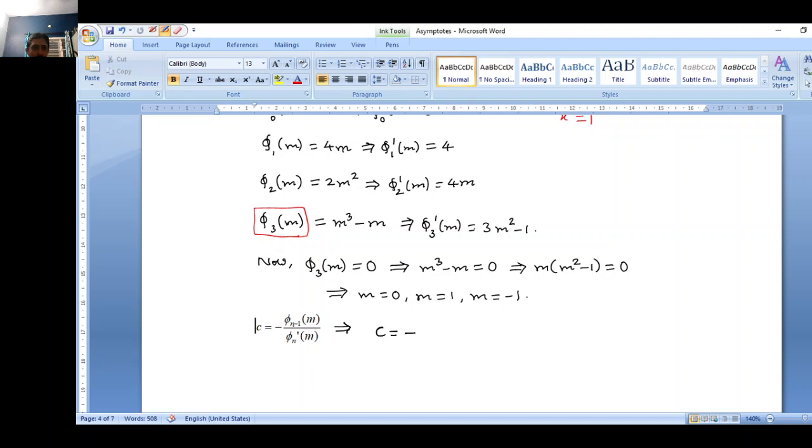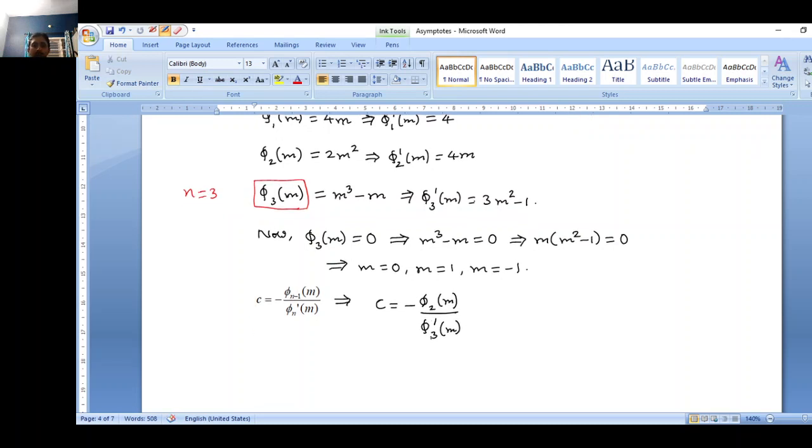Now what is n here? n is 3. Okay, so I'll write that here. What do you mean by n? n is going to be the highest degree of the equation. So n is 3. So because n is 3, the formula simplifies to minus phi 2 of m divided by phi 3 dash of m.